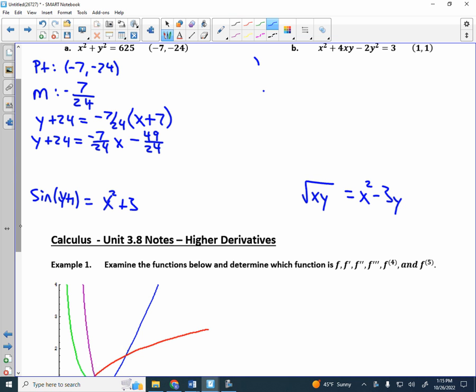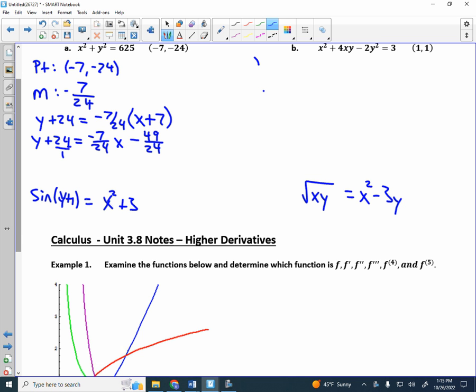And now I need to move this 24 over, right? So it's 24 over 1. I'm going to need it to have a denominator of 24. So I should multiply top and bottom by 24. So that would be 576 over 24. So if I take 24 over 1, I want to have a common denominator 24.